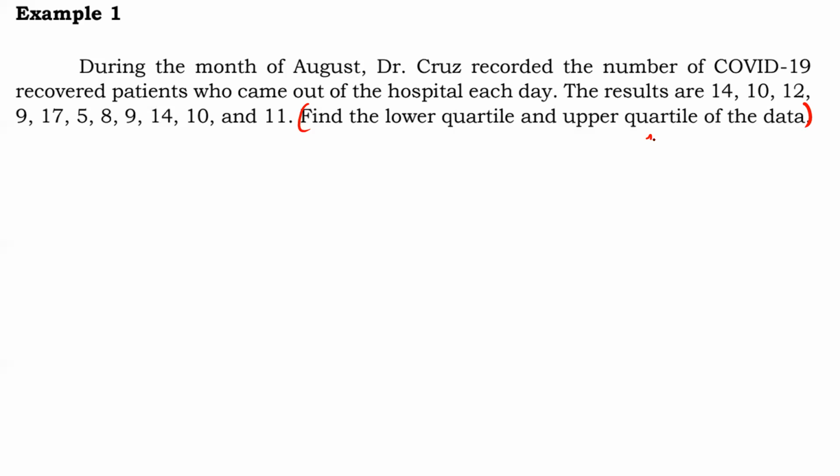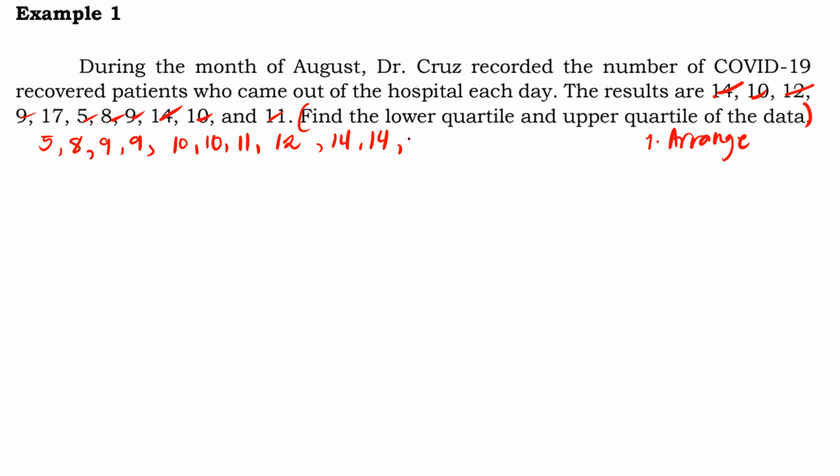Kasi unang step natin again is to arrange. 5, 8, 9, 9, 10, 10, 11, 12 muna, syempre. Tapos 14, 14. And we have the last data, which is 17.